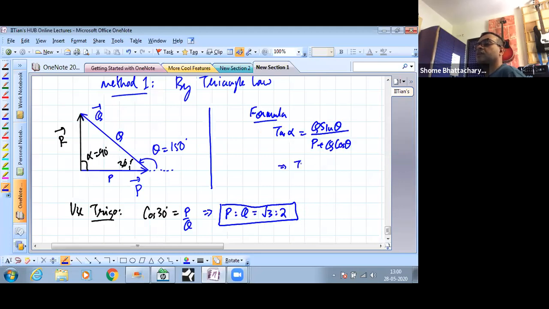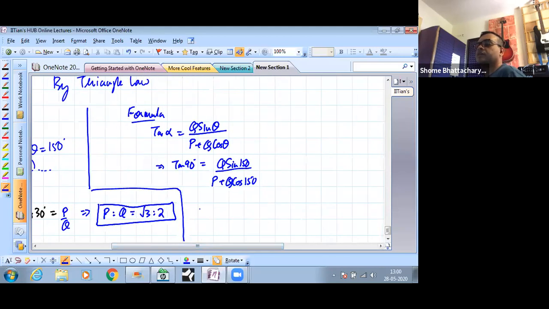So tan 90 should be equal to Q sin 150 upon P plus Q cos 150. Now this is where you have to understand the mathematics carefully. How will we solve this further? So tan 90 is undefined. So that means this quantity should be undefined.